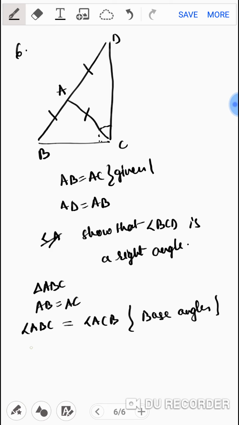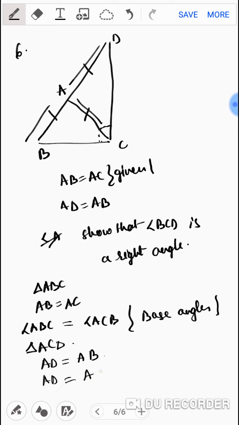If I consider triangle ACD, in that AD is equal to AB. AD is equal to AB, it is given, but AB is already equal to AC. So can I write AD is equal to AC? Because AB and AC are equal.